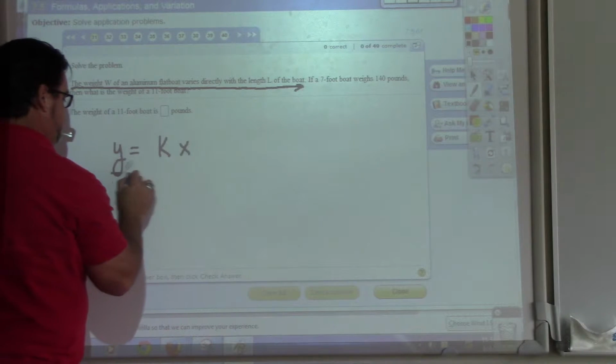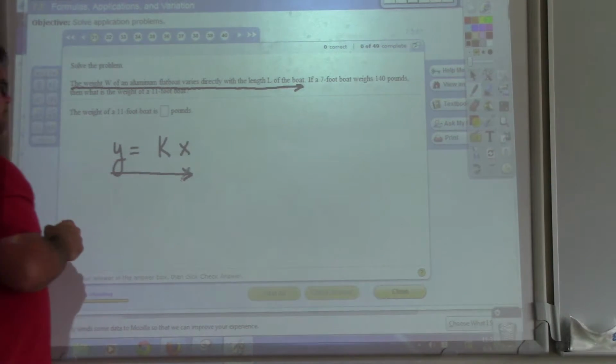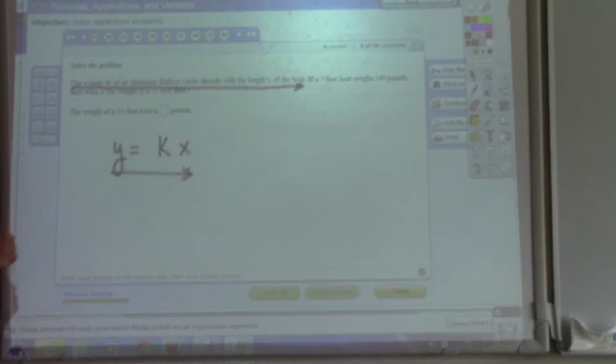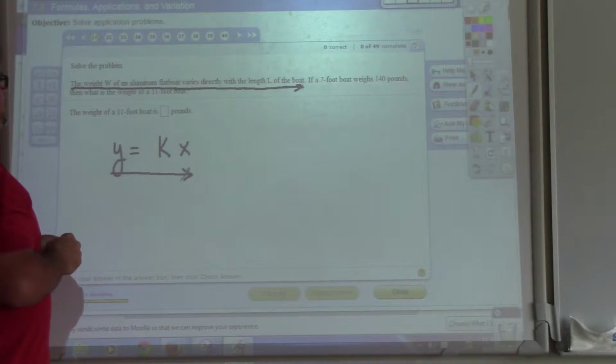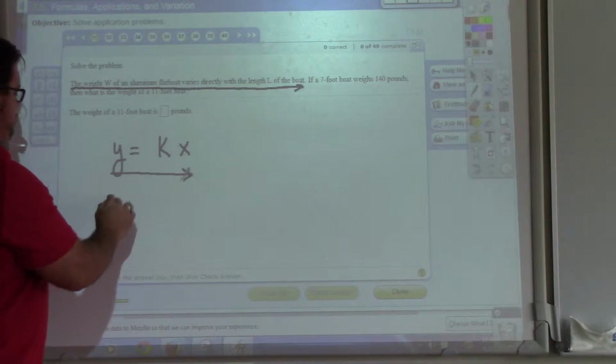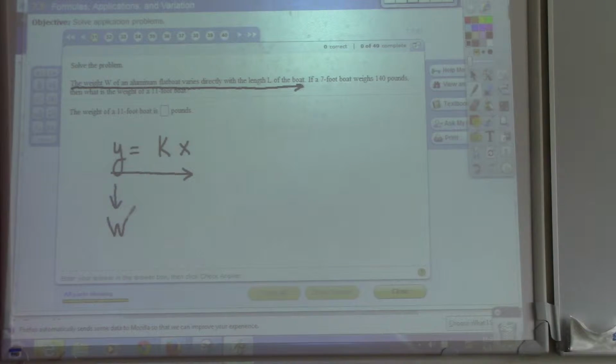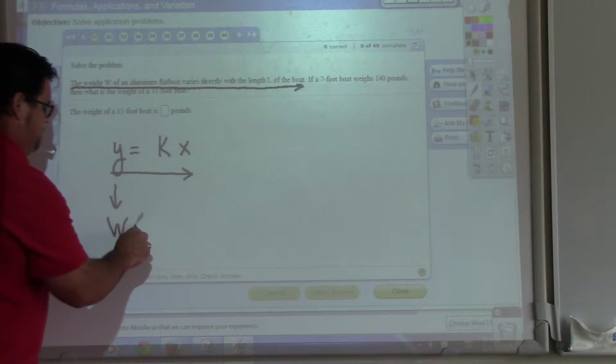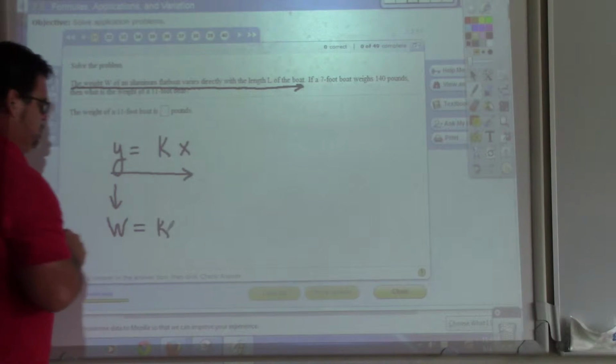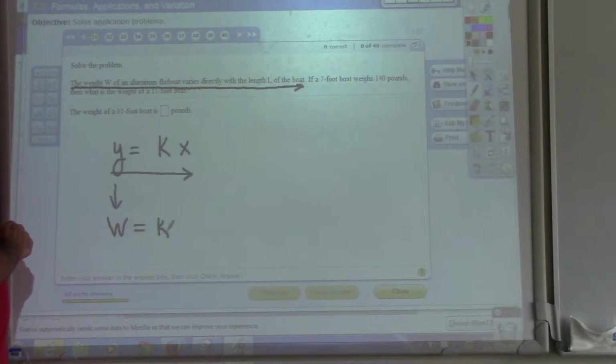We read from left to right. So which variable comes first? So W is going to go in place of the what? Y. Which variable does not change? K. Then what do you think X is going to turn into? L. There you go. So you've just done the second part of the question.